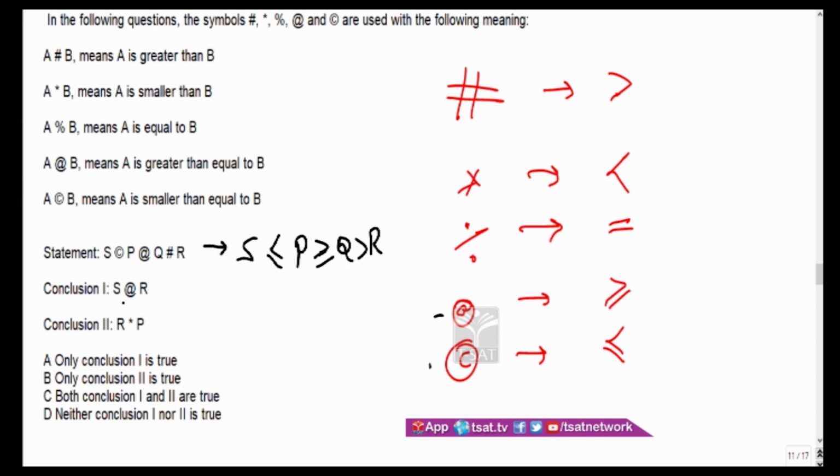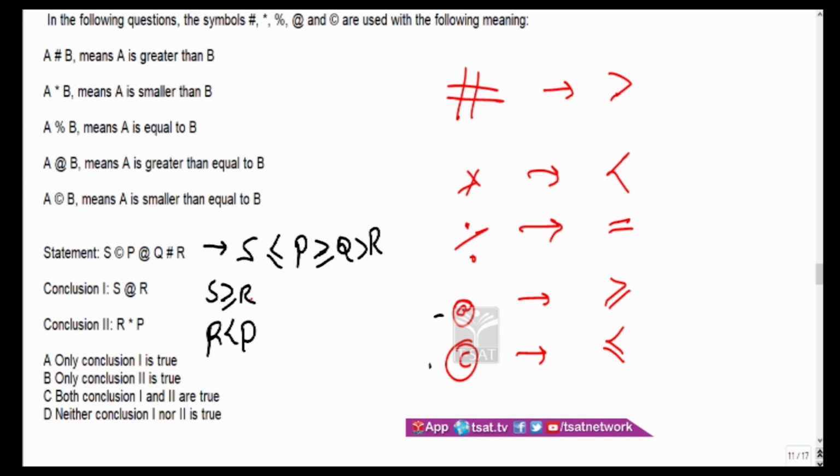Now see the conclusion. What is the conclusion? S at the rate R. So S at the rate R means this particular conclusion is S is greater than or equal to R. And the second conclusion is R star P. So R star P means R is less than P. Now after converting these statements and conclusions into greater than and less than or equal form, see the conclusions.